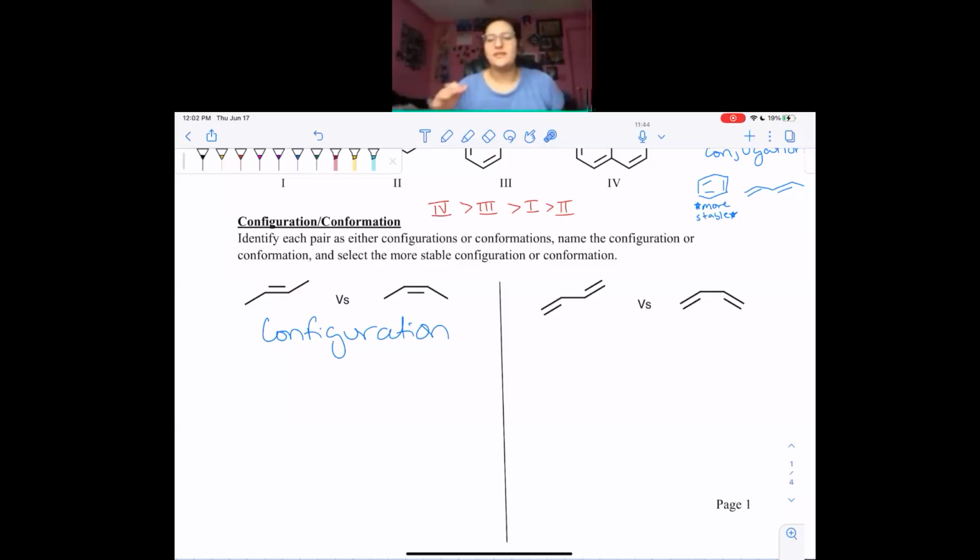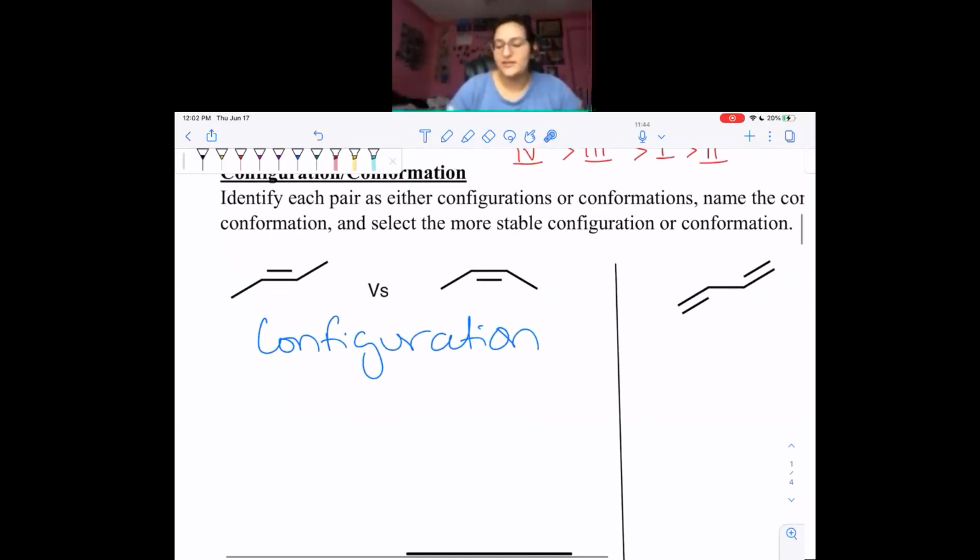Something's configuration is solid, written in stone, right? And we know that this is true for double bonds because we cannot rotate across the double bond. So we cannot flip-flop between these two. So that's why I think configuration is more stable, it doesn't change.